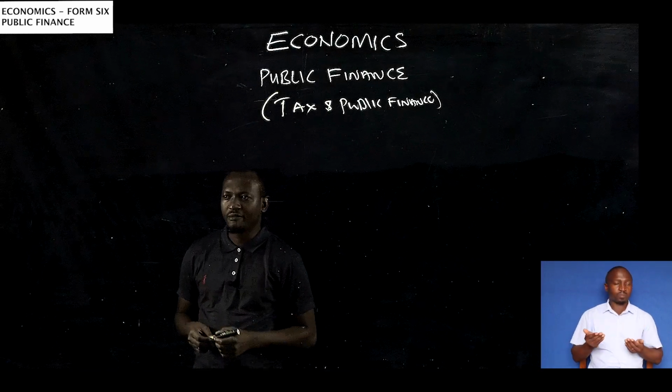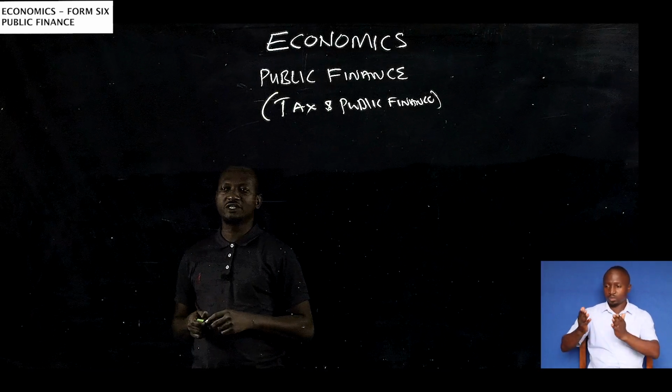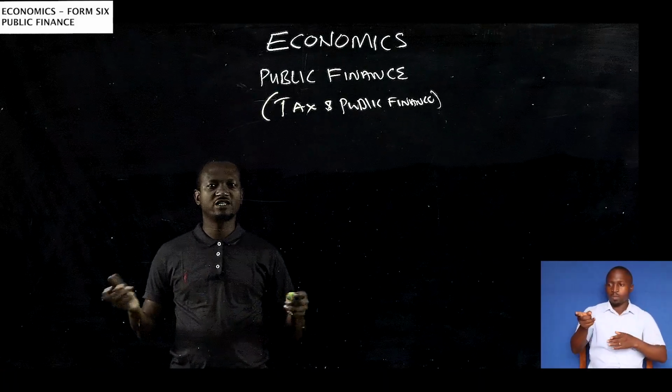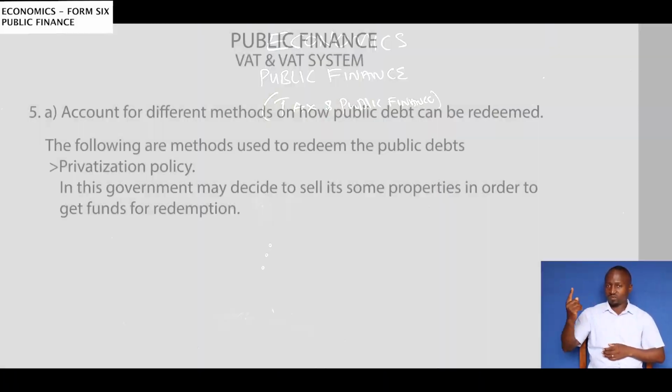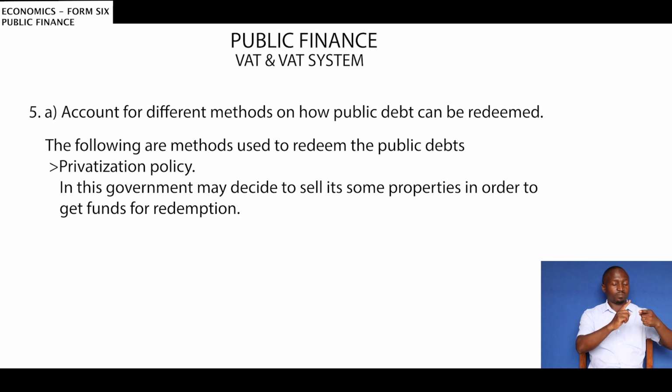So the following are methods used to redeem the public debts, or we can say used to pay the public debts. The first is the selling of government property or government assets. In this, the government may decide to sell some properties, maybe buildings, etc., in order to get funds for redemption.